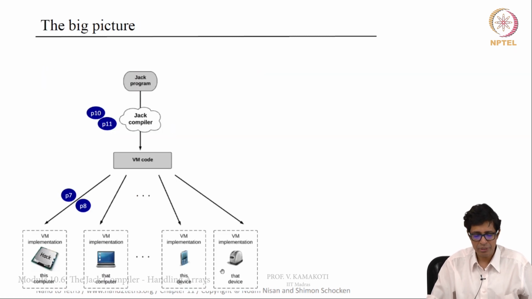Okay. So the big picture to conclude is that there is a Jack program. Now we have done project 10, and the current project 11 that we have to do will give you the VM code, and that VM code, using project 7 and project 8, we will write into a VM implementation. The same thing we can write for different other devices, which could have VM code, and this will basically take it forward.